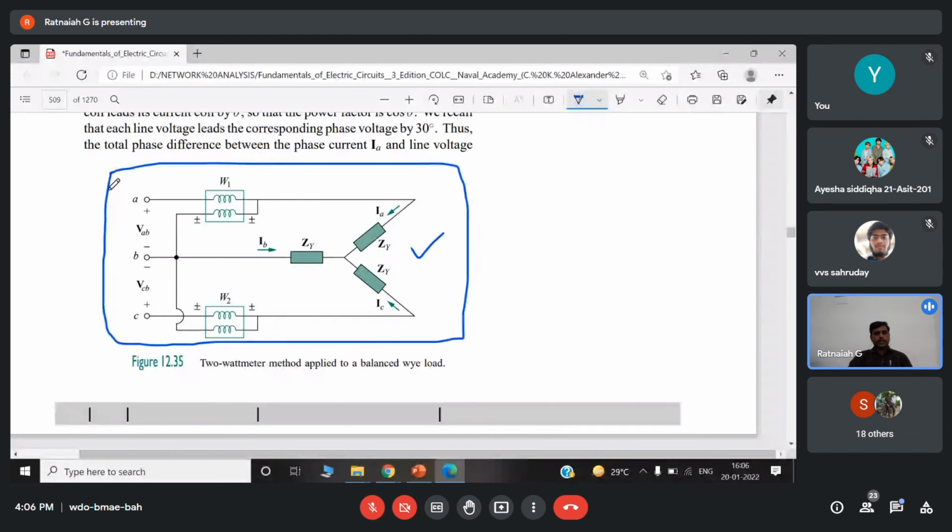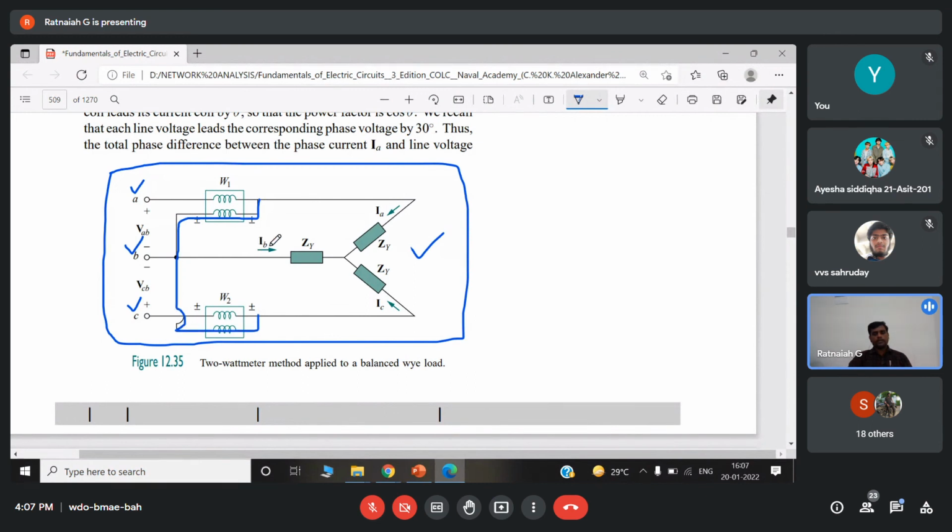Let the phases be A, B, C. The first wattmeter is connected for phase A. The next wattmeter is connected for phase C. But the pressure coils of both wattmeters are commonly connected to phase B. Look at this.